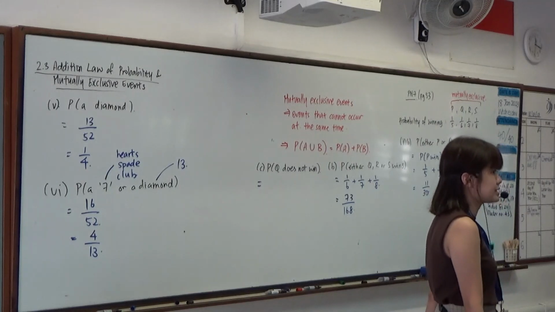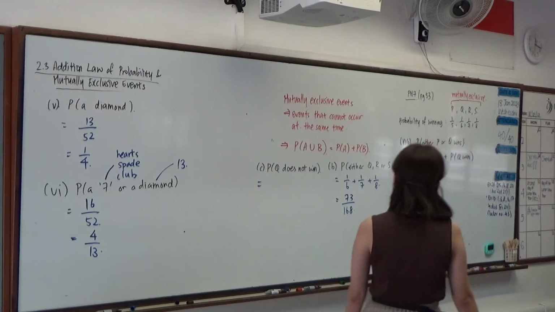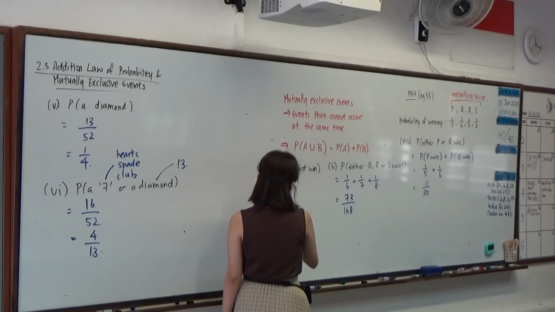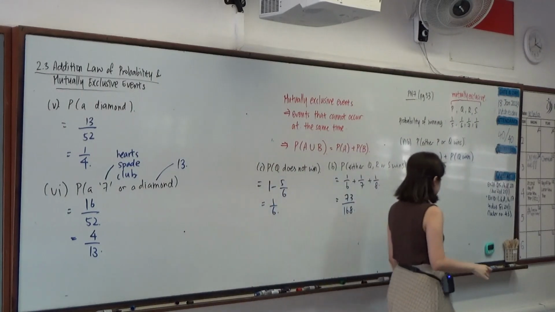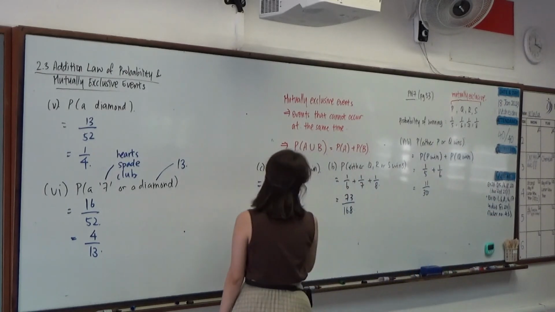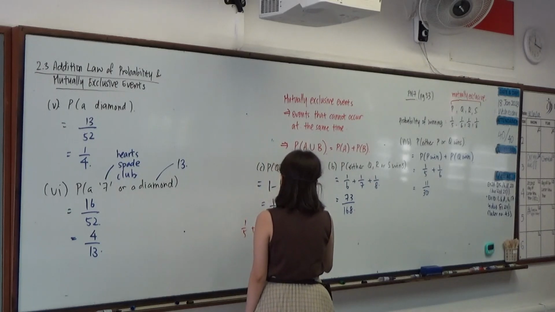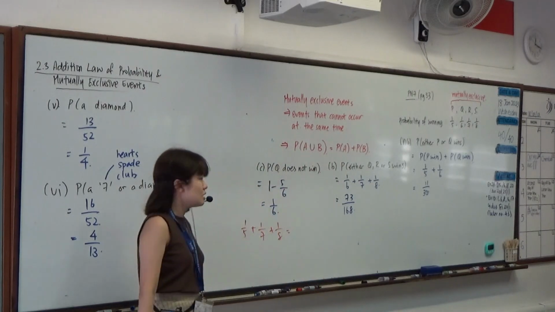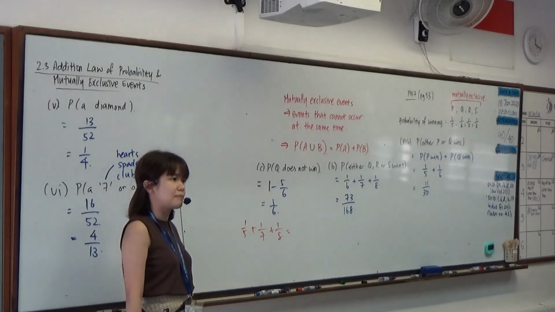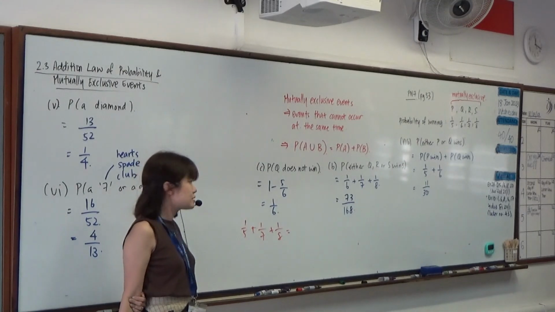Why do you get 5 out of 6? 1 minus 1 over 6. But why isn't it the case whereby I just take 1 over 5 plus 1 over 7 plus 1 over 8? Why is it that this one must be the answer? Why not 1 over 5 plus 1 over 7 plus 1 over 8?